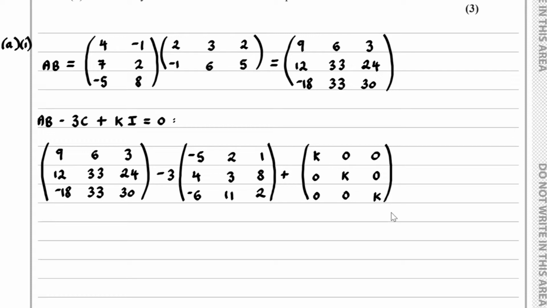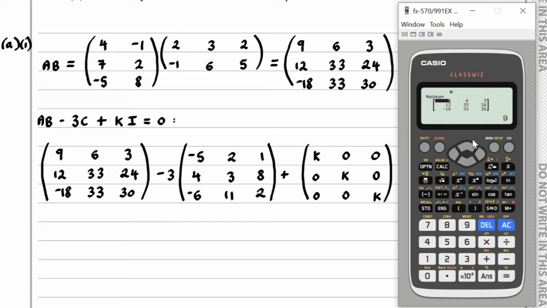Along the leading diagonal we have k, the rest are zeros, and this will equal the 0 matrix. Now we can actually work out what AB subtract 3C is. AB is what's stored into the matrix answer variable.